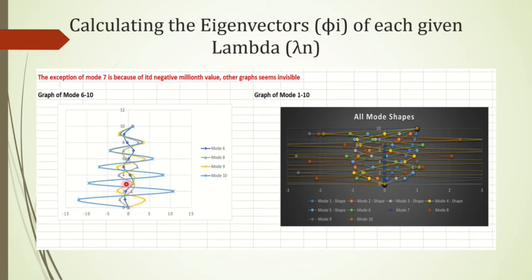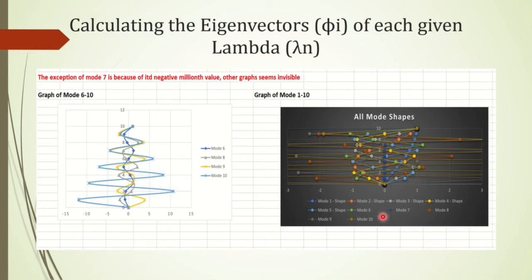At yung pangwalo sa kanyang value ay umabot ng negative million, I think 3 million yun. So, kung ilalagay natin siya sa graph, magiging invisible yung kanyang mga kasama kasi iilan lang yung umabot ng hundreds. Samantalang yung sa mode 7 ay umabot siya ng negative million.